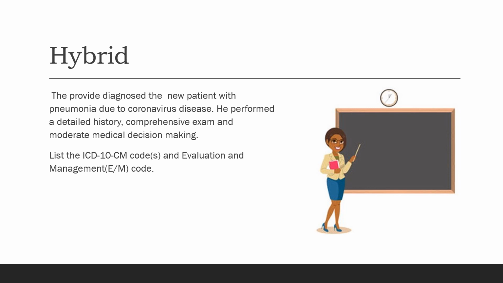So we have, again, some sequencing as well as some grouping. Here we're dealing with ICD-10 as well as CPT or evaluation and management. But with the sequencing, we want to make sure we are assigning the codes in the appropriate manner.